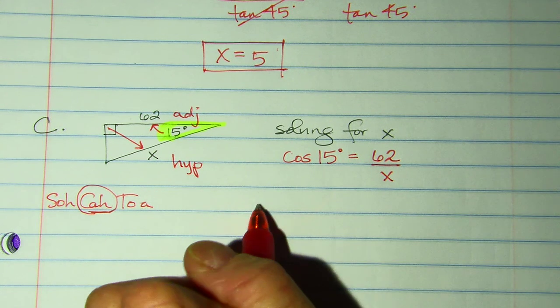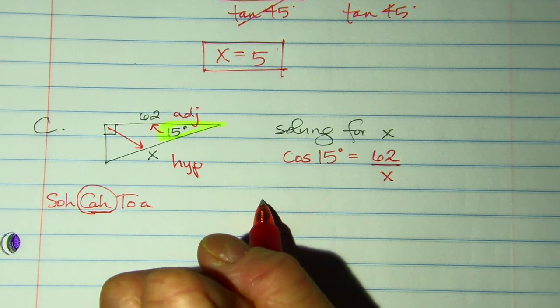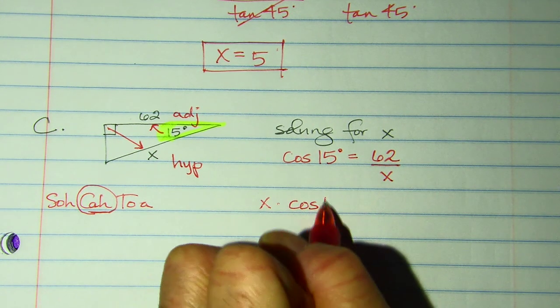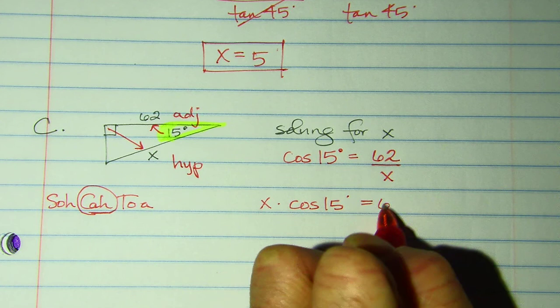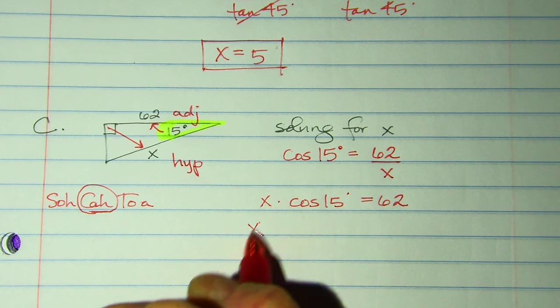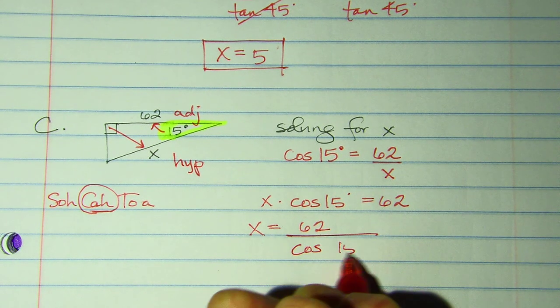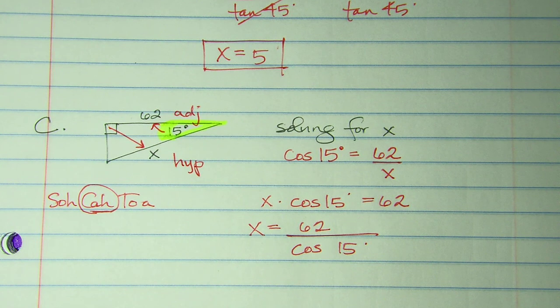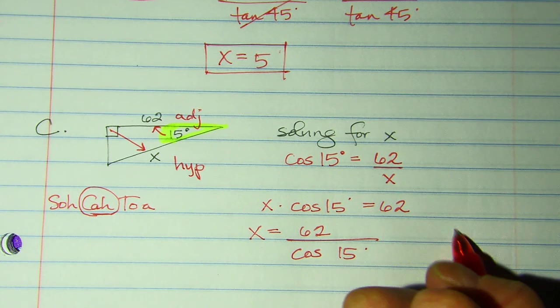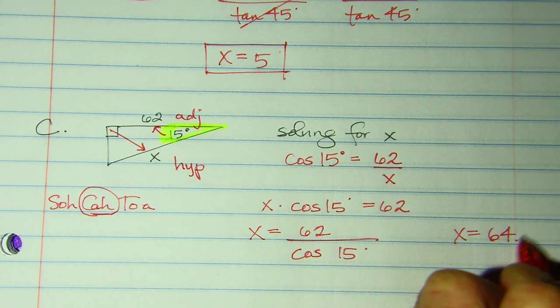So I already know I'm going to have to do x times the cosine of 15 equals 62. Divide. So x should equal 62 divided by the cosine of 15 degrees. Same setup each time. Hopefully they'll give us one that's not set up that way. So 62 divided by the cosine of 15, and I get x equals 64.2.